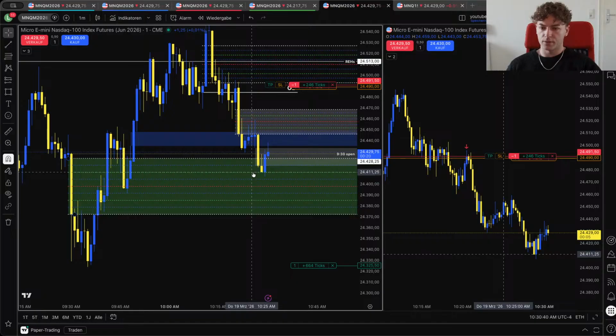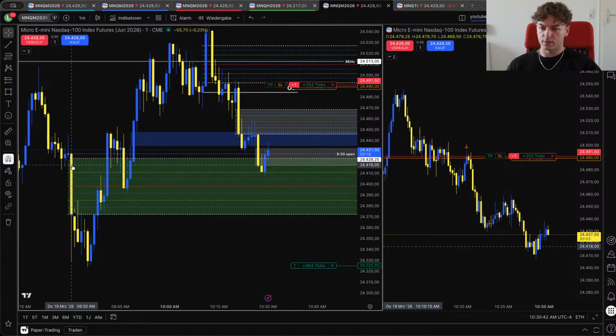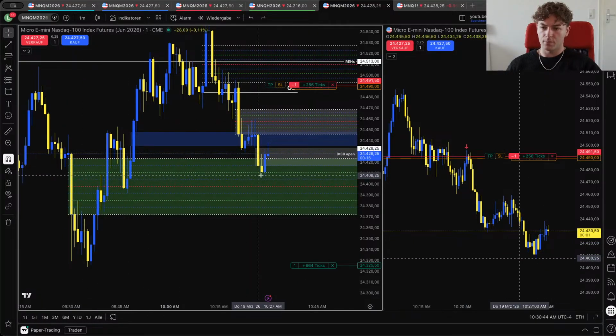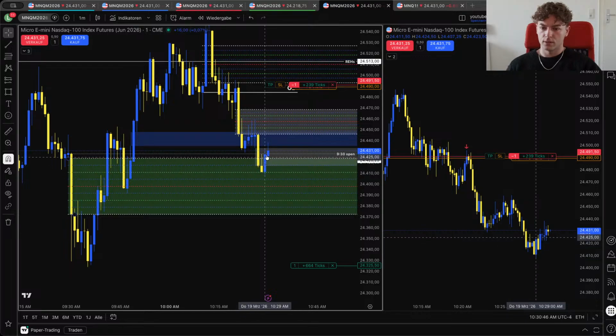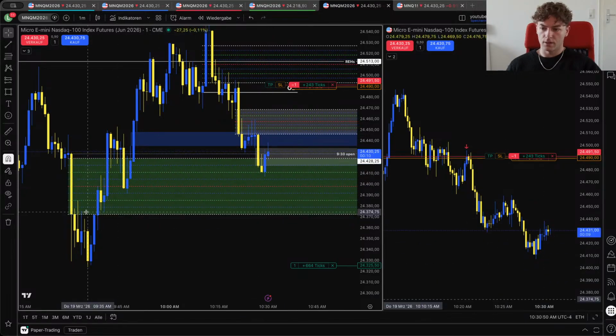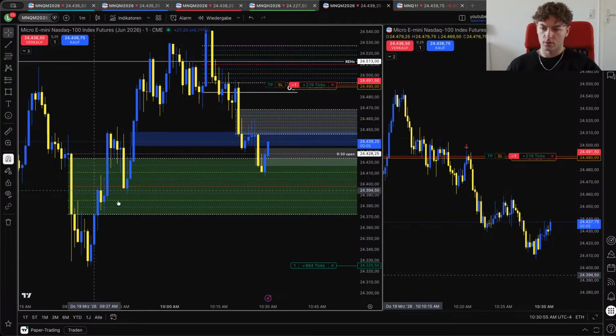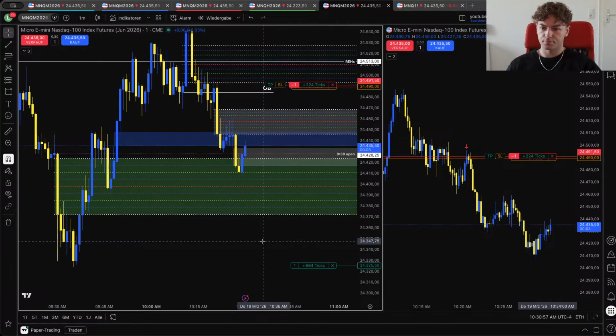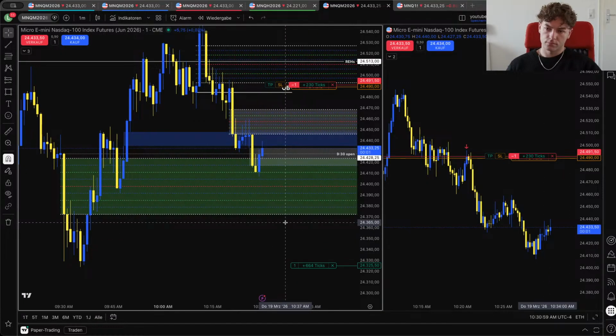I don't like how we respected this first presented fair value gap upper quadrant to the tick. I want to see price dig into it deeper and eventually use it as a reclaimed bearish fair value gap. But we'll see.